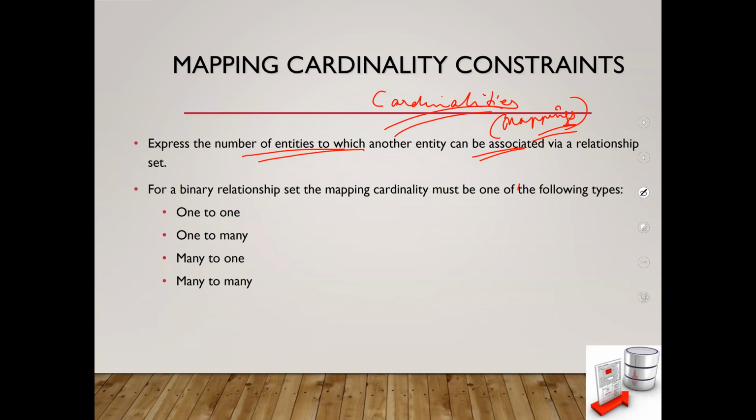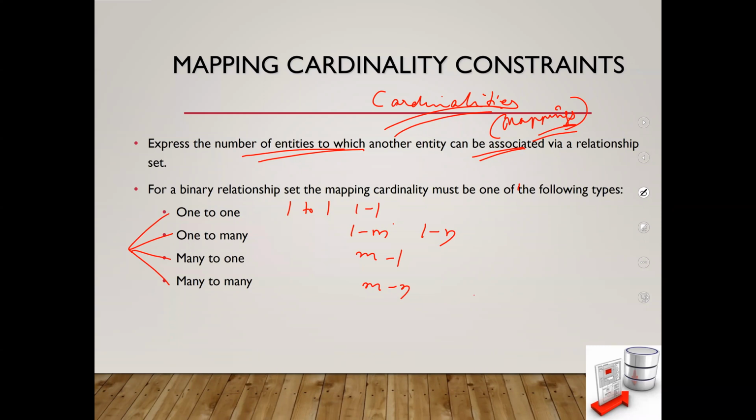Cardinalities for binary relationships can be of 4 types: one-to-one, one-to-many, many-to-one, and many-to-many (M to N). These are the various kinds of cardinalities, or you can even say mapping constraints, which can happen in a binary relationship.